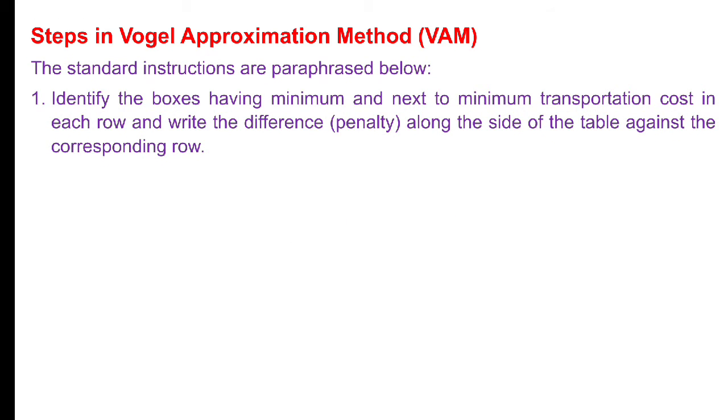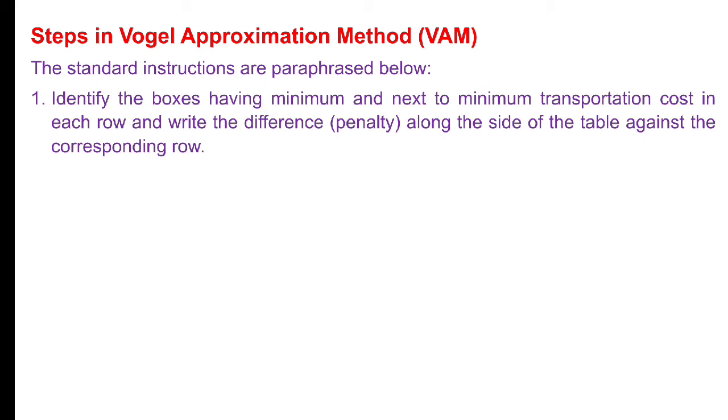That is, take the minimum two transportation costs, find the difference and write it; that is called the penalty. Identify the boxes with minimum and next to minimum transportation cost in each column. Similarly, we need to do this for rows and columns. Write the difference, the penalty, against the corresponding column.